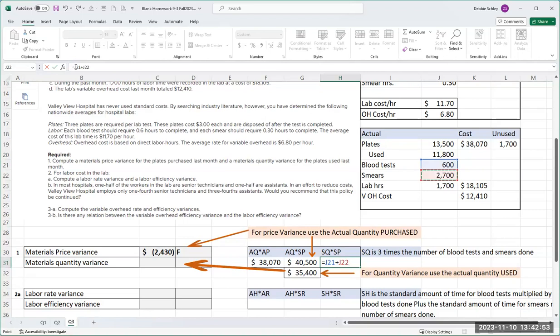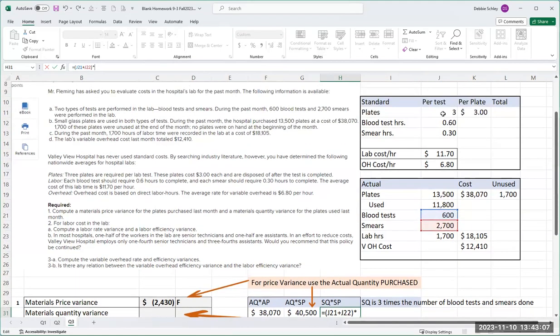I should have put parentheses, but I didn't. I'm going to put parentheses around that. And times that by the number of plates per test, which was 3. So again, the blood test plus the smears times 3 plates per test. Okay, so that gives me SQ.